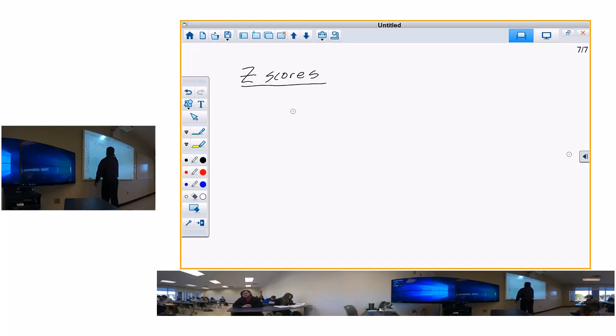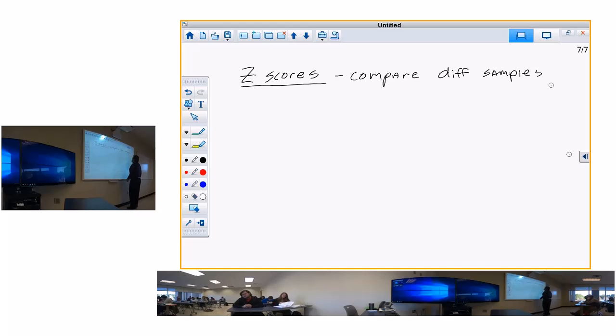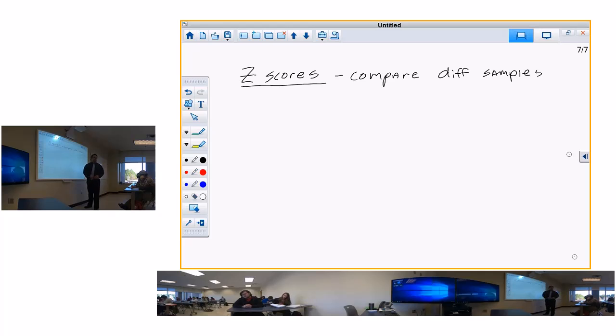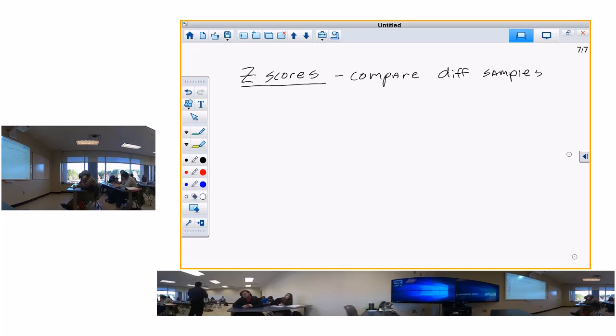Z-scores are used to compare different samples. There's a question that I'm going to show you, and I do it in any probability and statistics class that I teach. And it's Lyndon Baines Johnson's height versus Shaquille O'Neal.